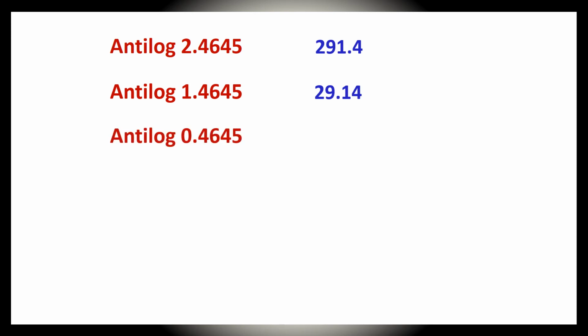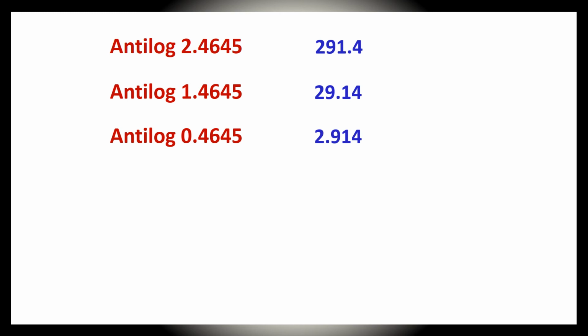Suppose it is antilog of 1.4645, then we put decimal after 2 digits. Then it becomes 29.14. Suppose it was 0.4645, then we put decimal after 1 digit. Here it is 0 point, so plus 1. That means we put decimal after 1 digit.